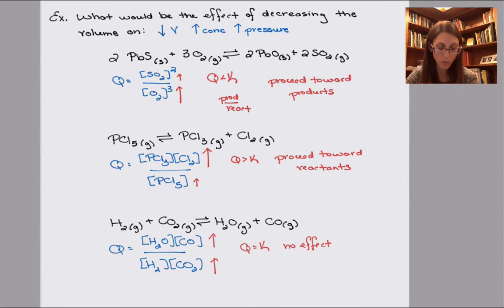One important thing I want to point out is that this conversation about changing the volume and affecting the concentration and the pressure really applies to gases. Solids and liquids aren't in your equilibrium constant expression in the first place, and aqueous solutions have a set volume, so you can't change their volume readily.